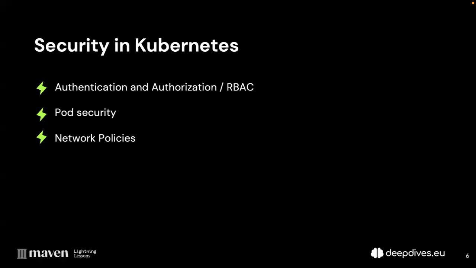Users are like maybe operators or maybe even developers on a cluster. We can also have groups, so it's easier to give permissions to multiple users simultaneously. And then finally, we also have an identity called a service account.